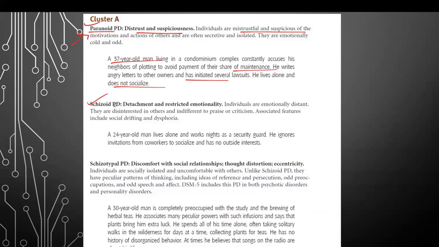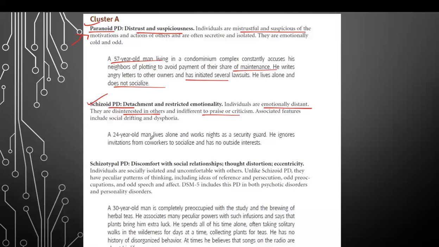Whereas in schizoid personality disorder, they have emotional restriction and they are emotionally very distant. They are disinterested in others and indifferent to praise or criticism. That means they don't like to meet with anyone. They don't have any interest in others, and they don't care whether you are criticizing them or praising them.